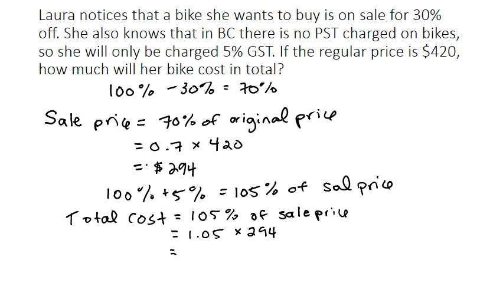And when I do that calculation, I will get $308.70, and again add another 0 because it is money, and so her bike will cost $308.70. If you like this method better, you're welcome to use this one. I forgot an E here. If you liked the first one better, you can use that.